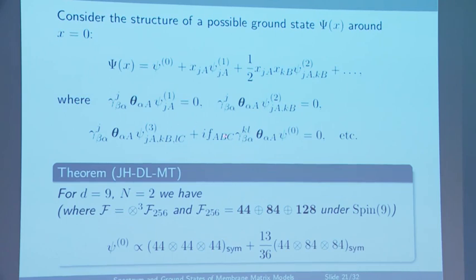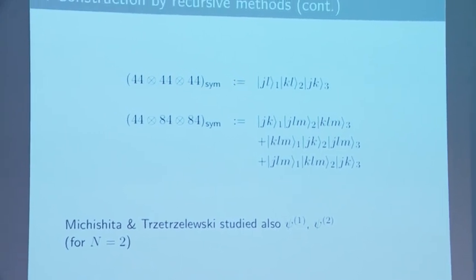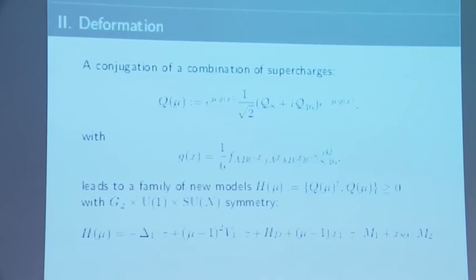And then you can find that in the 9-dimensional case, with only, well, N matrix size is 2, then you can understand essentially the value at the origin due to symmetry. So it has to be a certain combination of states arising from the different representations here. We'll not go into the detail of this. And also Mikishita and Chechilevsky studied the higher orders for this problem.